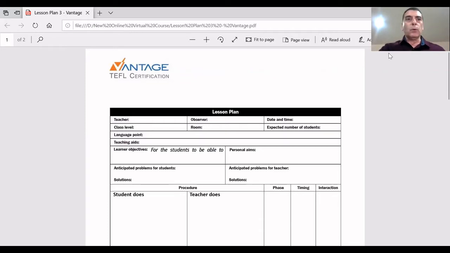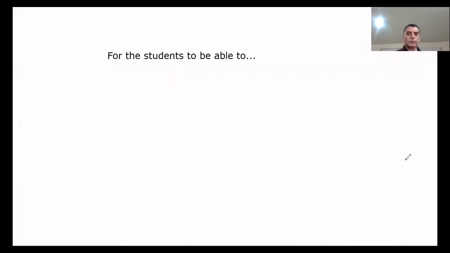bring up a whiteboard. Okay, so here we've got the beginning of the learner objectives: for the students to be able to.